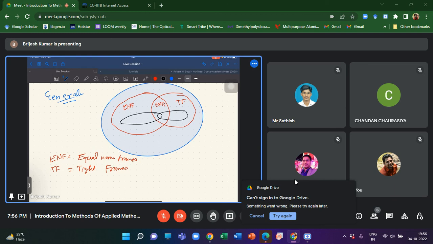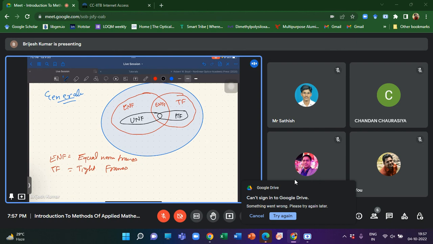So the frames in this section are called UNF, which denotes unit norm frames, and this is PTF, which we wrote somewhere above.